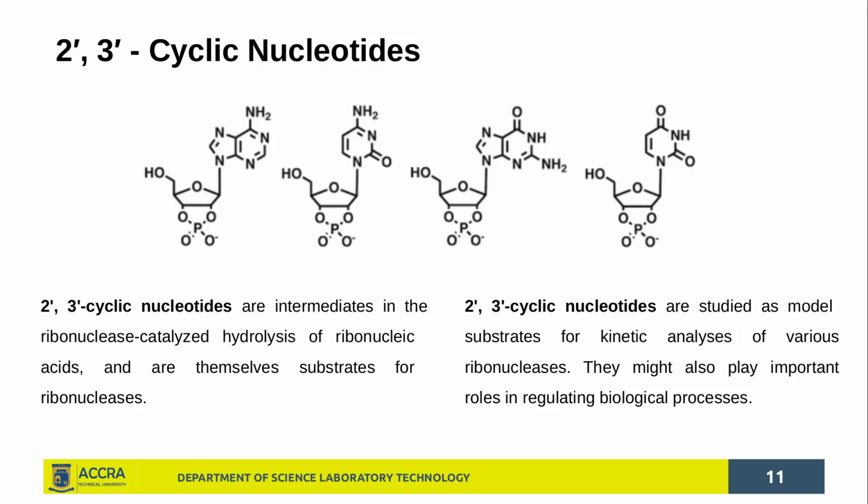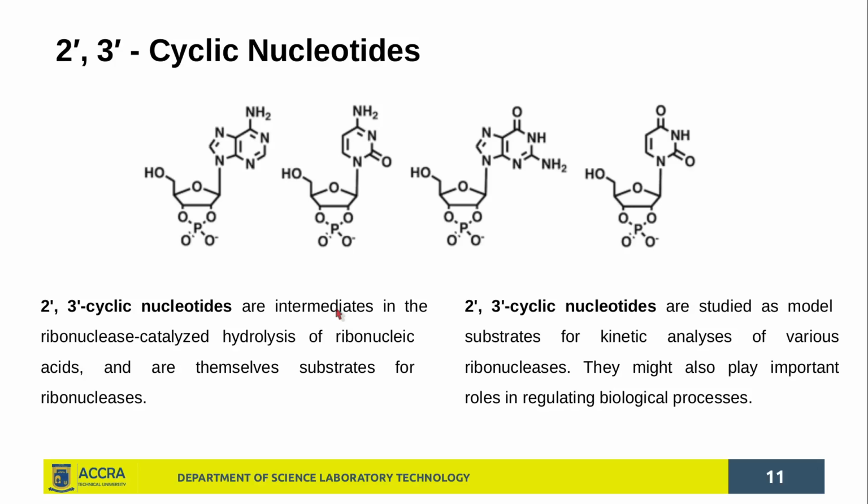When nucleotides are being broken down along the line, these intermediate structures are formed. So in reality, you do not have these cyclic nucleotides existing, but you find them as intermediates in a metabolic process.